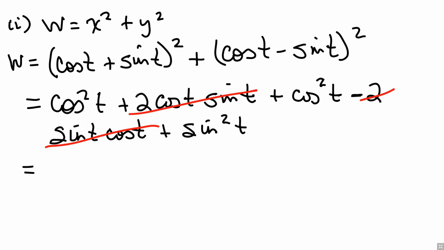And I miswrote, I'm missing a whole big term. Sorry about that. I'm supposed to have another plus sine squared t. So if I combine what's left, I end up with just 2, because I have 2 cosine squared plus 2 sine squared, which is just 2.